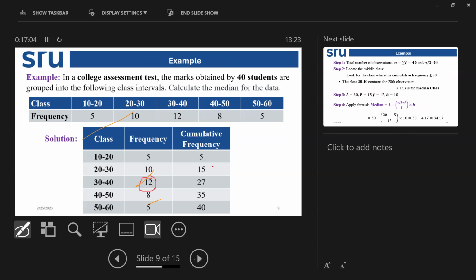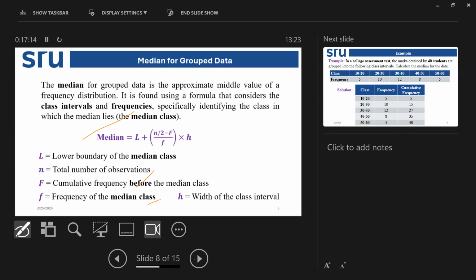Then this will be the capital F, the cumulative frequency before the median class frequency. See the terminology; if you read it properly, we can understand easily. Next, small f is the frequency of the particular median class. H is the width of the class interval.